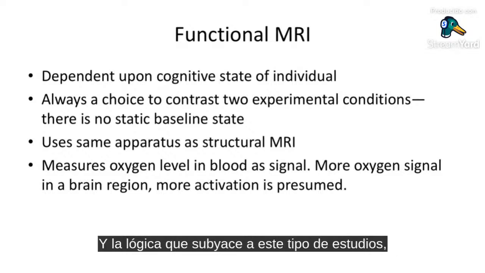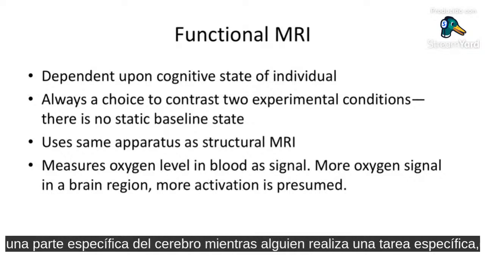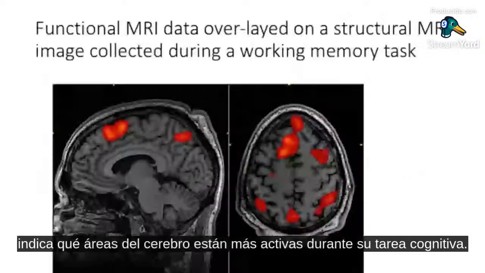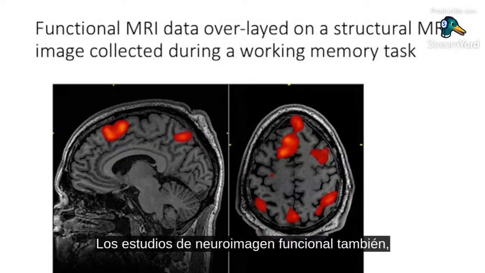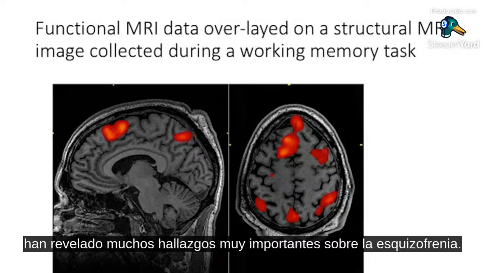And the logic behind these types of studies is that the more oxygen that's being delivered to a specific part of the brain while someone does a specific task indicates what areas of the brain are more active during that cognitive task. Functional neuroimaging studies as well have revealed a lot of very important findings about schizophrenia.